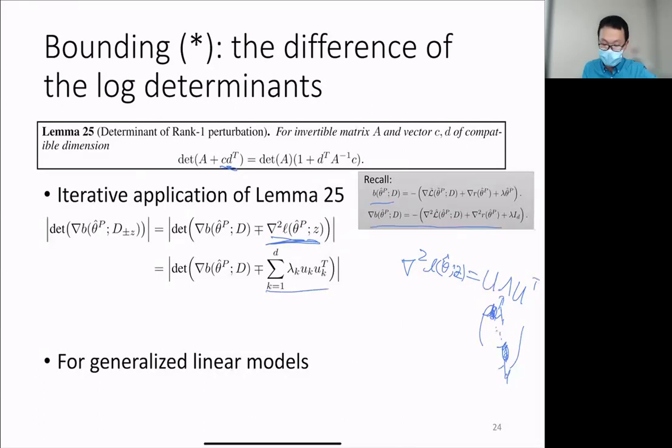We're just doing the diagonalization of this possibly rank D matrix into its eigendecomposition. Once we do that, we'll iteratively apply this lemma by getting rid of each component one by one, right?